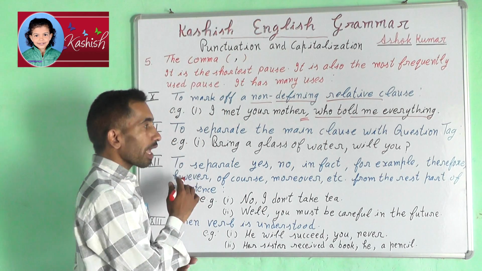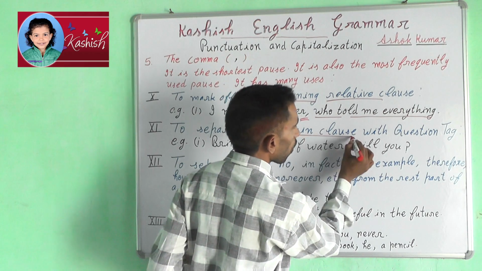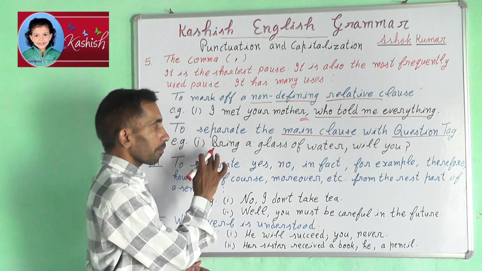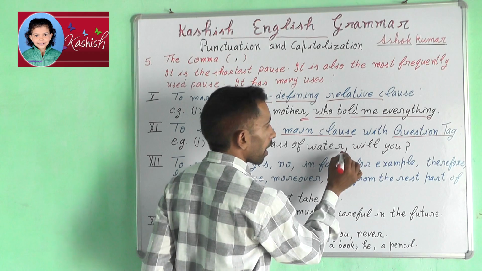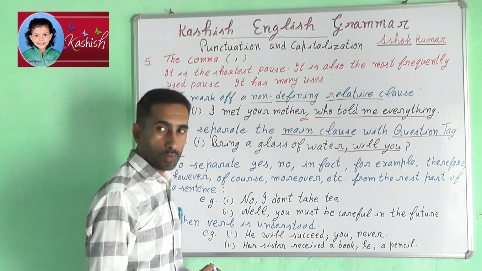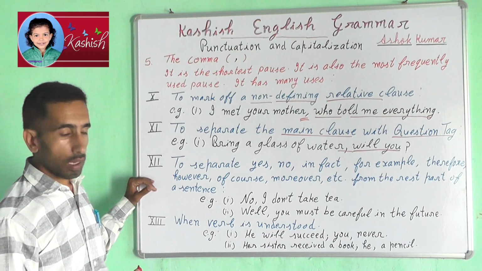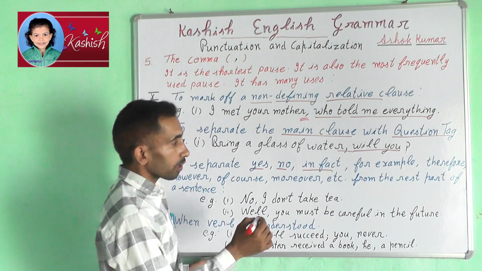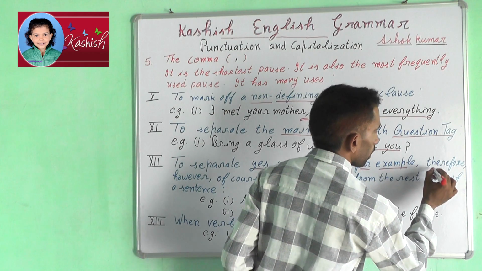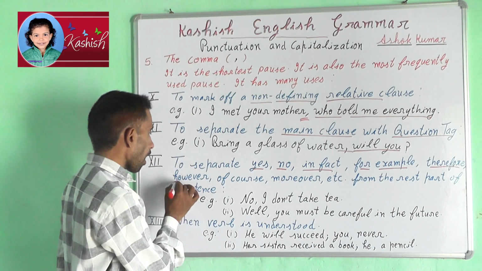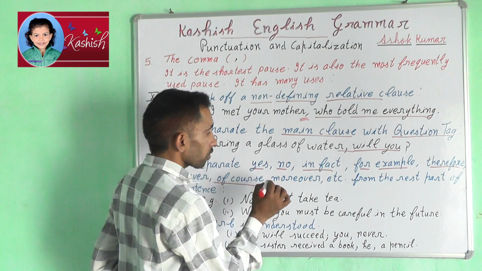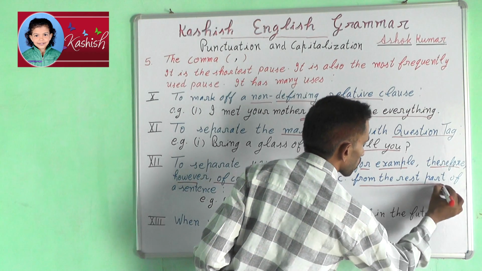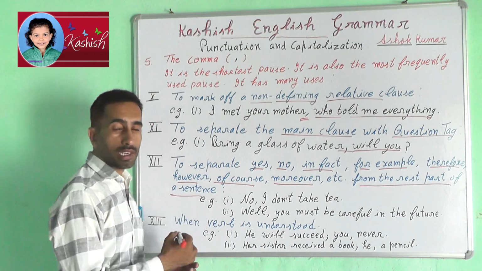Eleventh, to separate the main clause from a question tag. For example, bring a glass of water, will you? Twelfth, to separate yes, no, in fact, therefore, however, of course, moreover, etc., from the rest of a sentence.